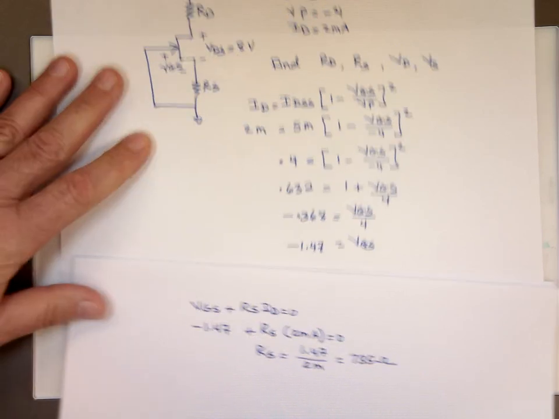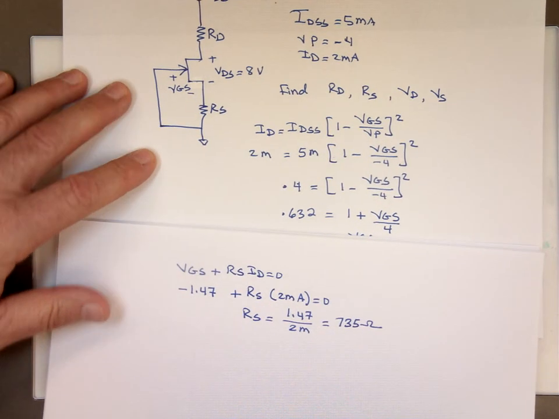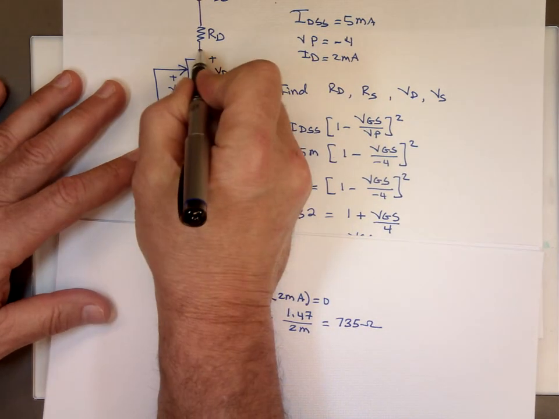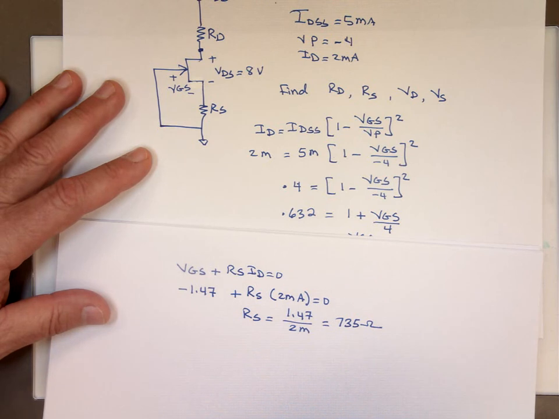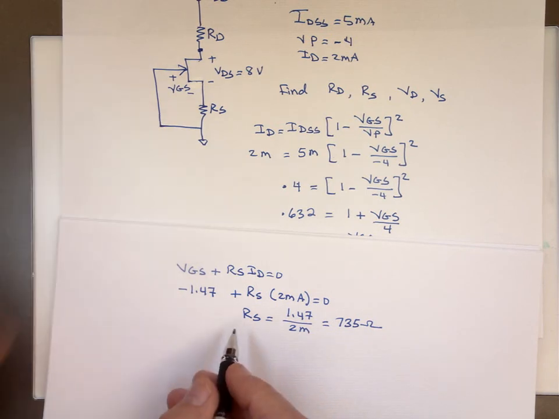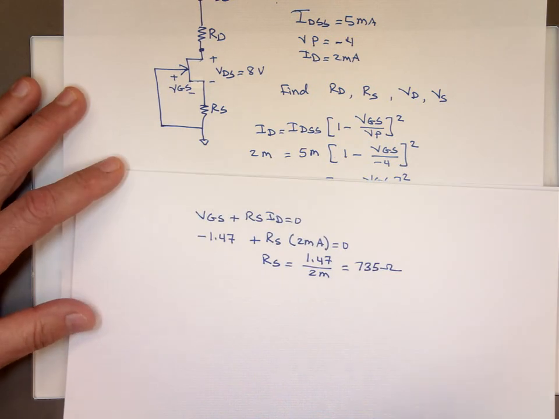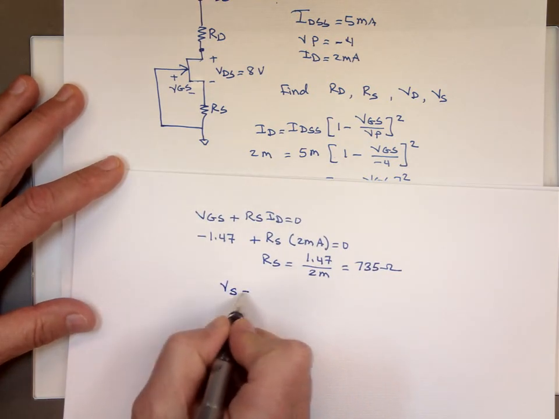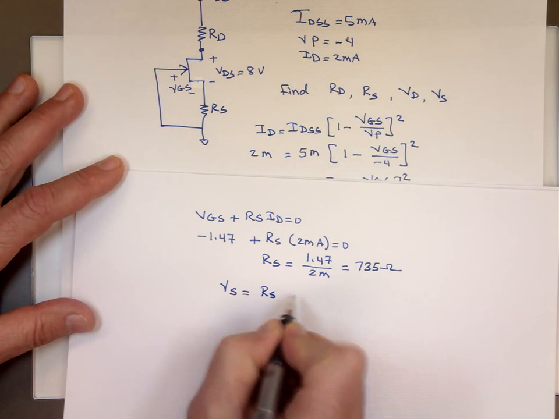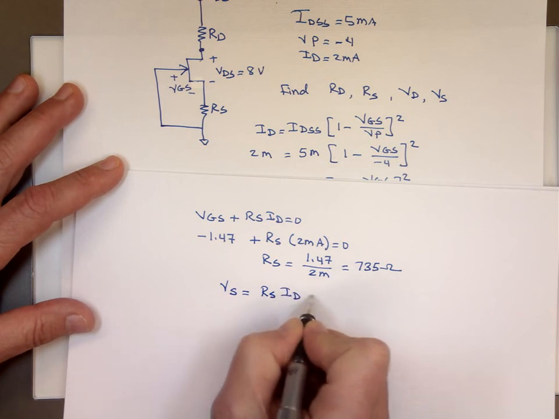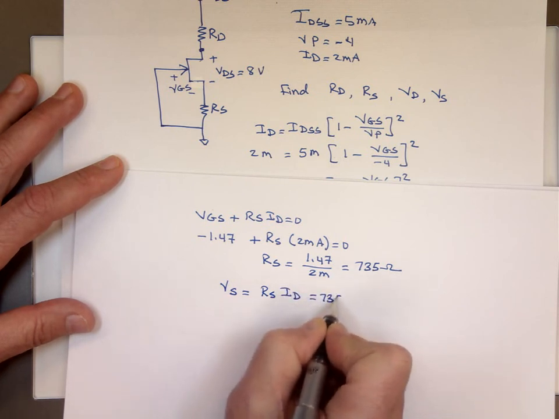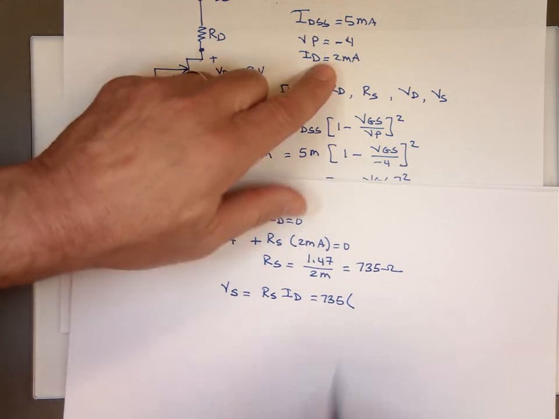Okay. Do I know what VD is? Well, if I know this, I know VS. What is VS? VS equals R sub S times I sub D, which is 735 times 2 milliamp.